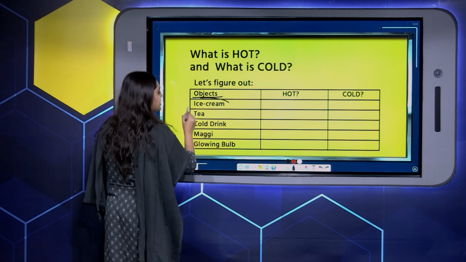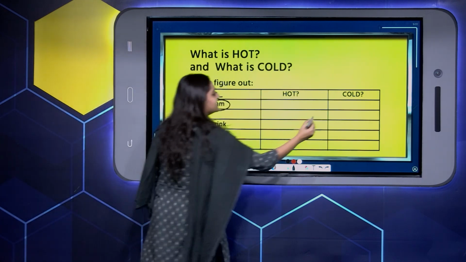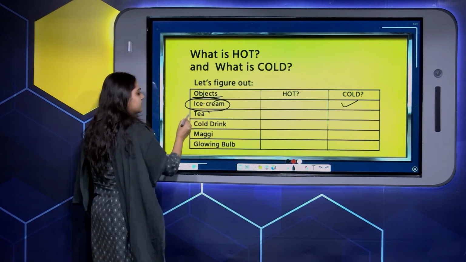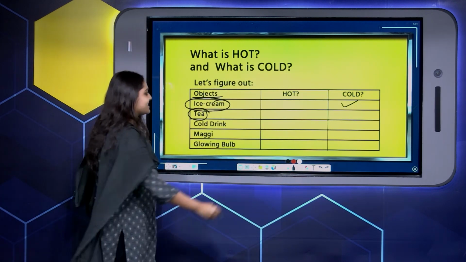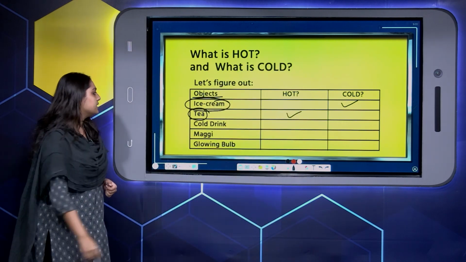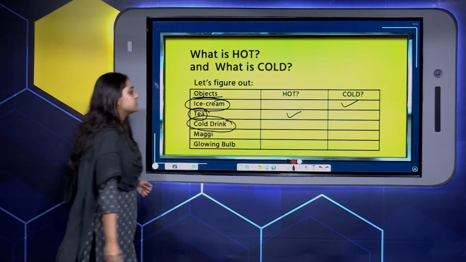So, ice cream, is it hot? No, it is cold. So, we give a tick here. Tea, obviously it is hot. So, we put a tick under the hot column. Cold drink, it is cold.